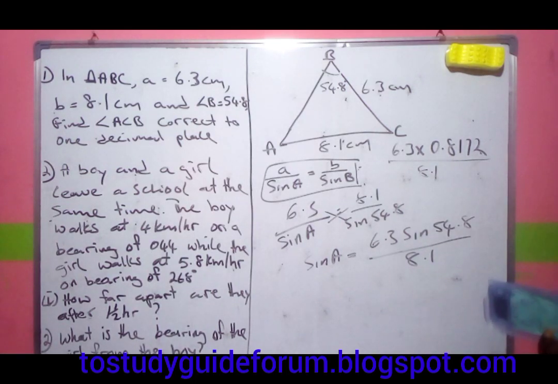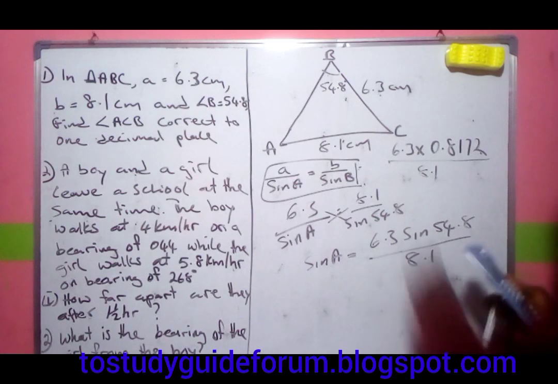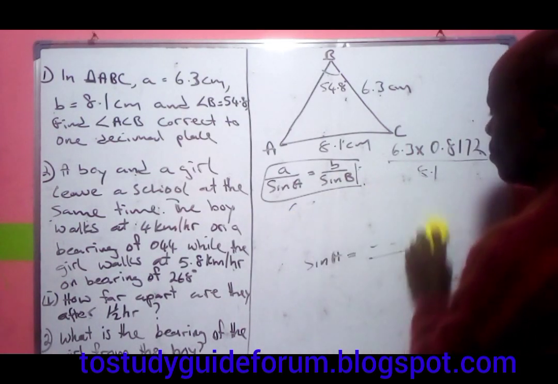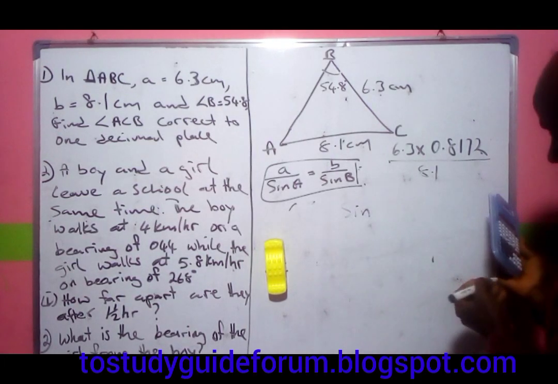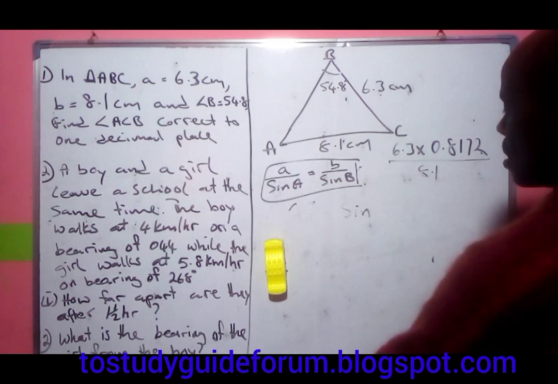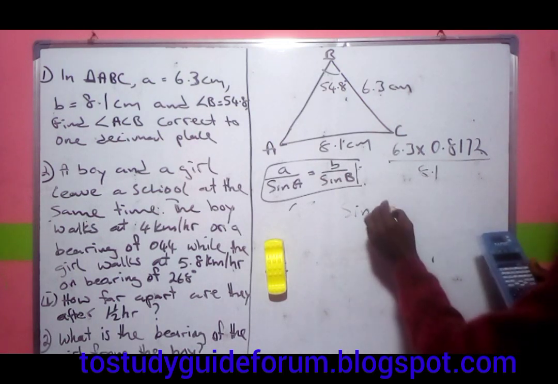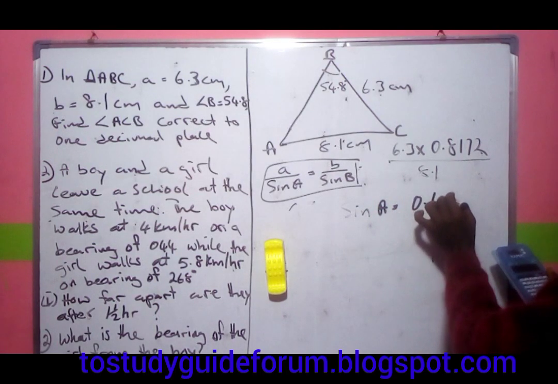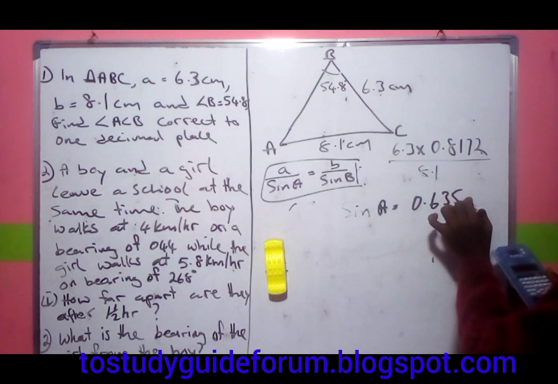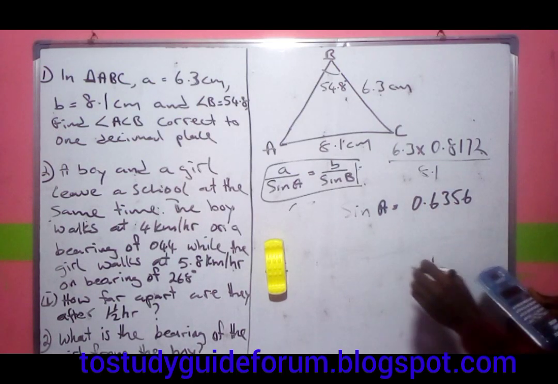So let's see what we have from here. When we multiply and then divide, our final answer is sine A equal to 0.636.